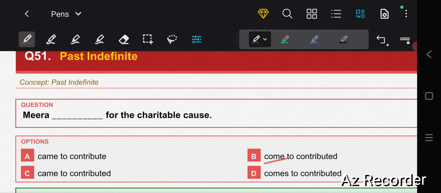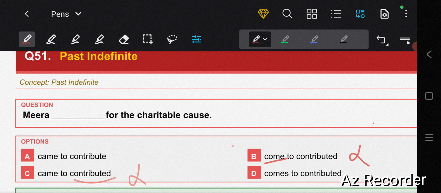If there is Mira, a third person singular, that should be comes, or came. So this one can easily be eliminated. Number C, came to contribute it. In the case of an infinitive, we know that before the infinitive there may be past, but after the infinitive there will be present. So here we see that it is not in present but in past indefinite, so it would be incorrect.